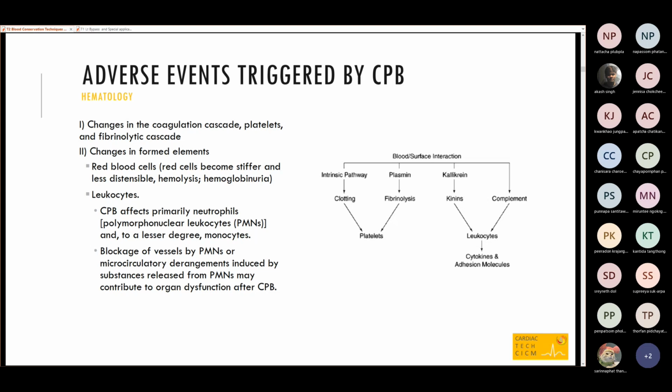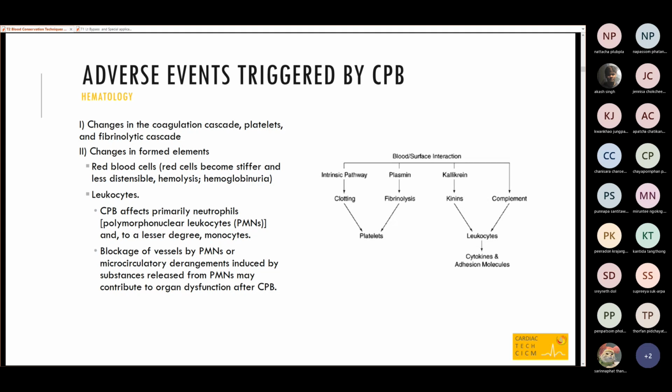To remind you again, you may be familiar with this slide from the previous courses. The blood surface interface and everything that we do during the CPB is gonna make any cell and any system change.